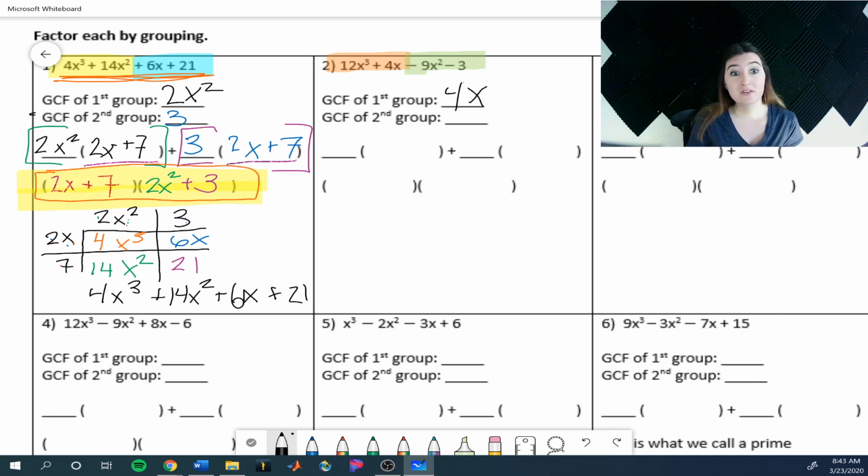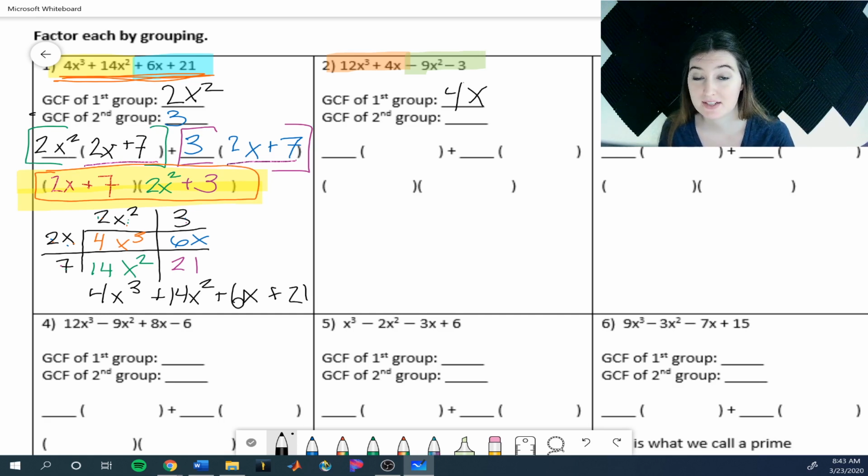Okay, this is where it's going to be tricky. I have negative 9x squared and negative 3. We didn't talk about this one last time. If the first number has a negative, so our 9 has a negative in front, that means we've got to factor out a negative out of both parts because we want to get the negative away from the first term, because we don't want to start with a negative, okay?